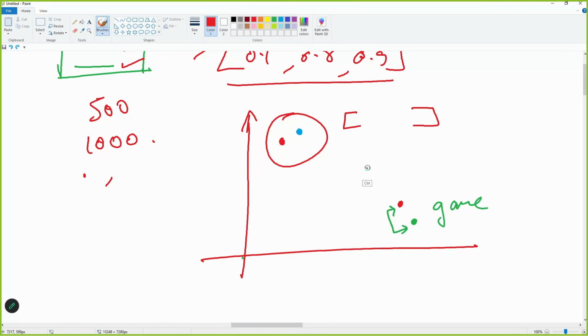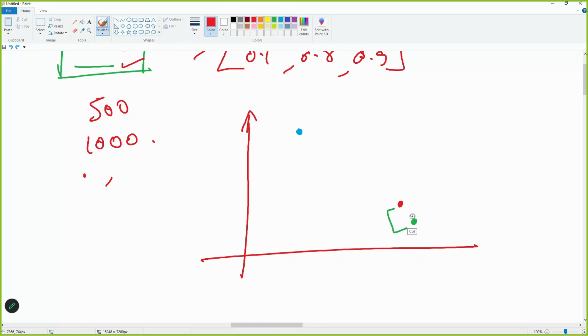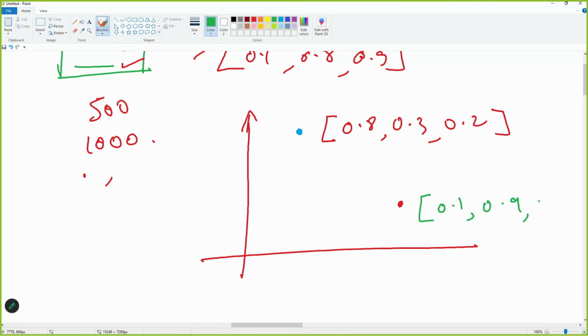Let me make it clearer. This is king, and king has some numbers: 0.8, 0.3, 0.2. This is cricket, and cricket has numbers 0.1, 0.9 and 0.8.